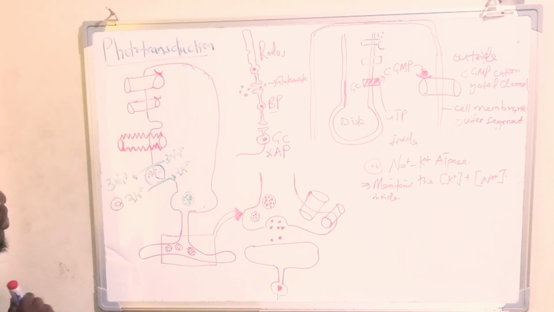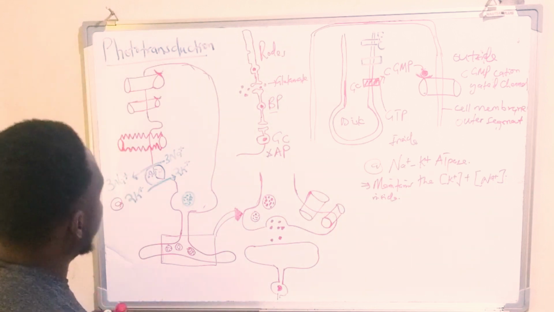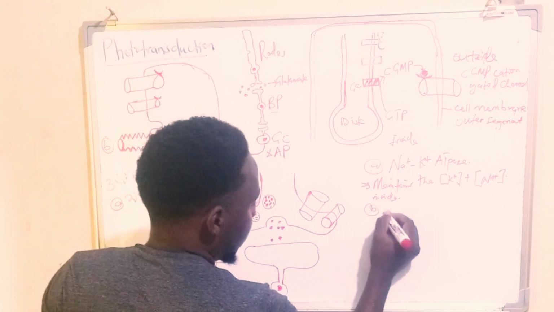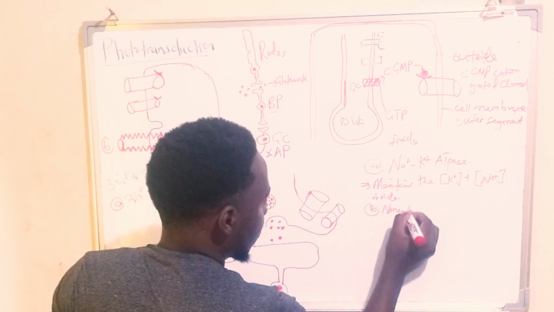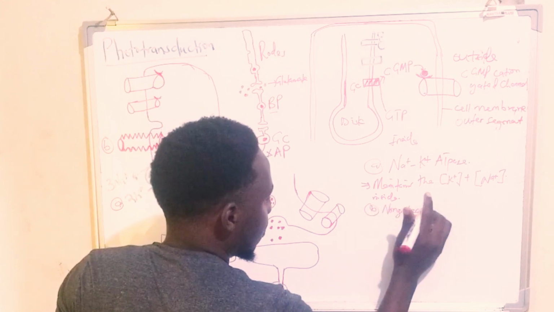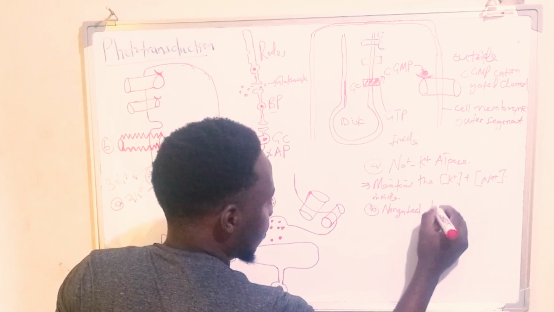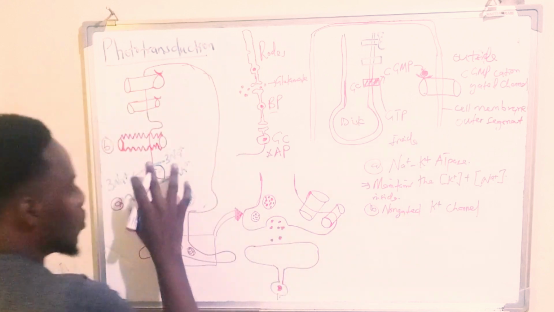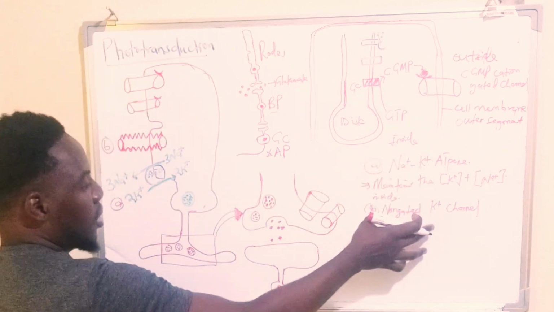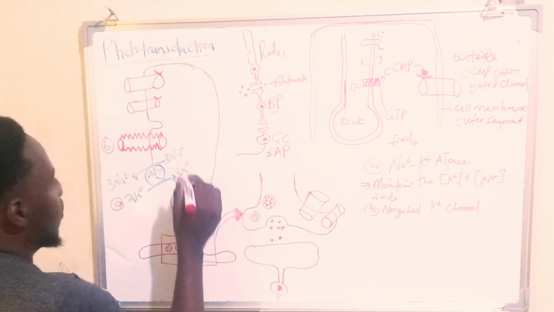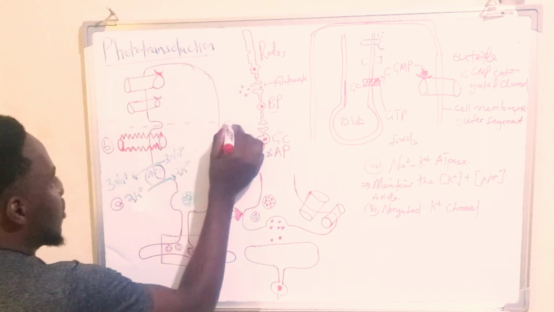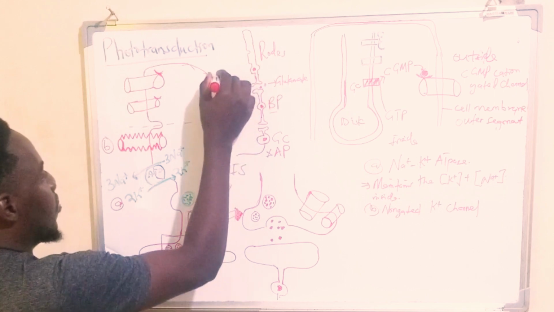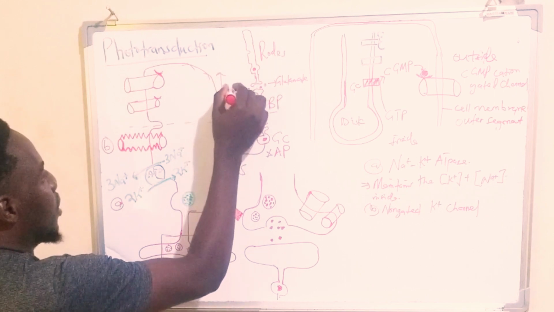Now, there is also another channel here at B, which is a non-gated potassium channel, meaning it's not closed. These two, the sodium potassium ATPase and the non-gated potassium channel, are in the inner segment. So going down here is the inner segment, going up there is the outer segment.